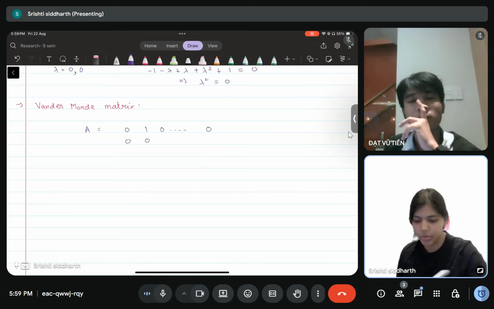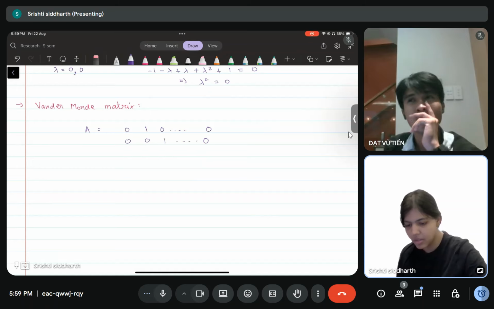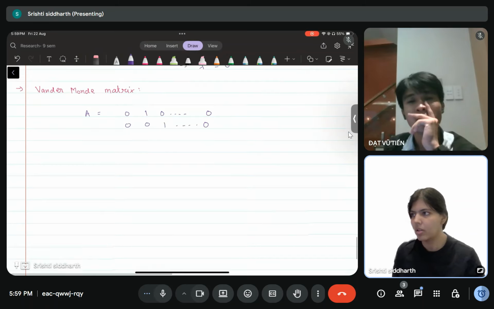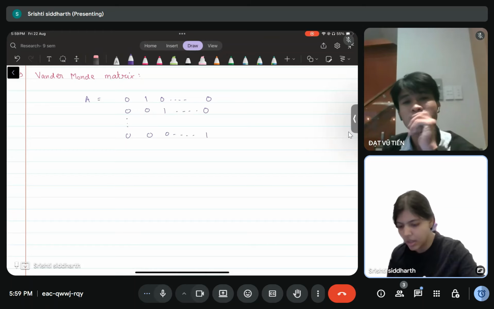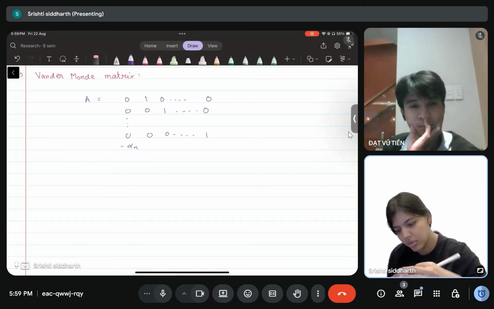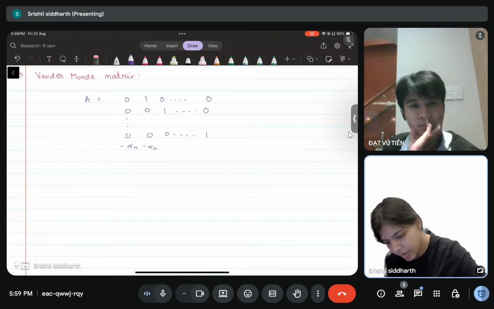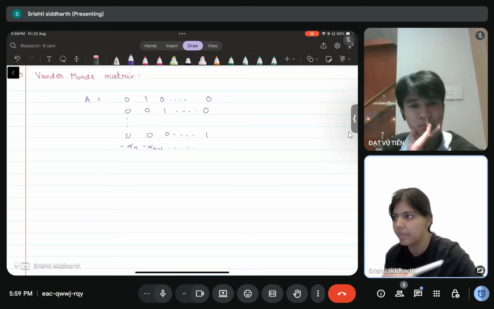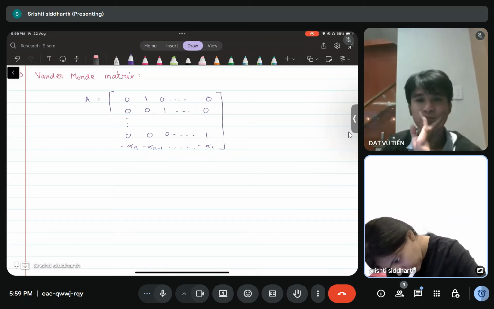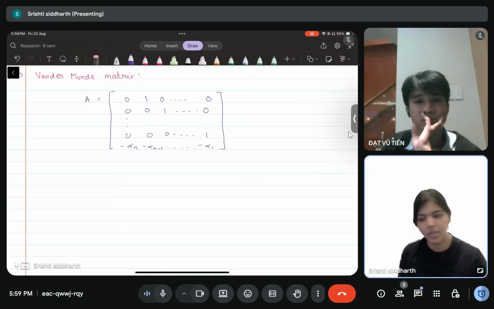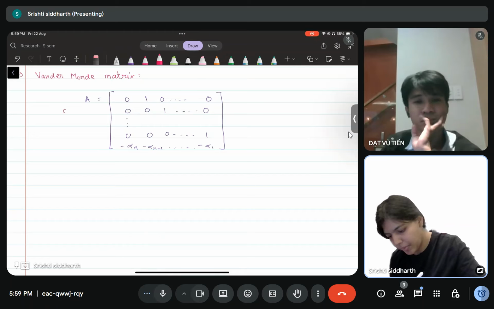Then the 1 shifts to the right, zeros drop. Then 0, 0, 0. And then at the last row, it's minus alpha n, minus alpha n minus 1, till minus alpha 1. So if you recall from, I think, the first week's lecture, this is the CCF form.